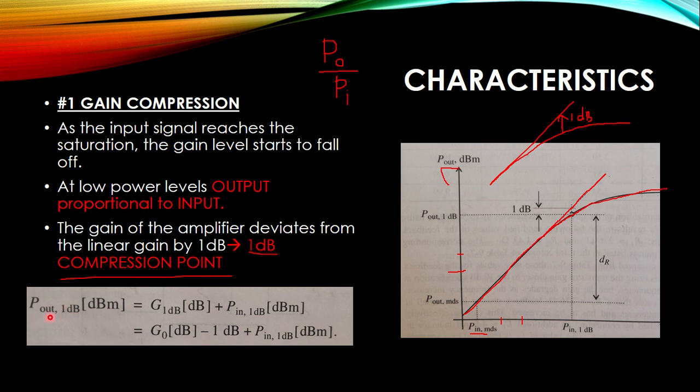So the formula for the 1 dB compression point of the output is given by, we are taking the nonlinear scale of the input to which I am adding 1 dB gain to get my required output power. So P out is given by a gain of 1 dB which is added to your nonlinear input scale. So this is the first characteristic, which is gain compression. Using the nonlinear scale, if I increase by a value of 1 dB, we can reach the linear region of your transistor.